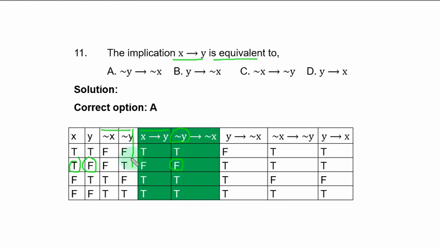That's the second row. So the first statement, negation y, is true, and the second statement, negation s, is false. That means the result is false. So if the first statement is false and the second is true, you have a true outcome. If it is false, false, and true, true, you have a true outcome as well. So A is the correct option.